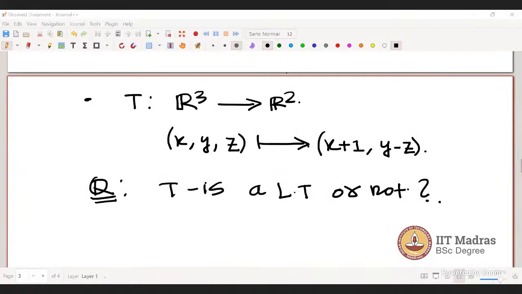You are not audible. Your voice is breaking. Okay, I'm audible? Yes, sir. So it is not a linear transformation because it is not mapping 0, 0 to 0, 0. Okay, just a minute.